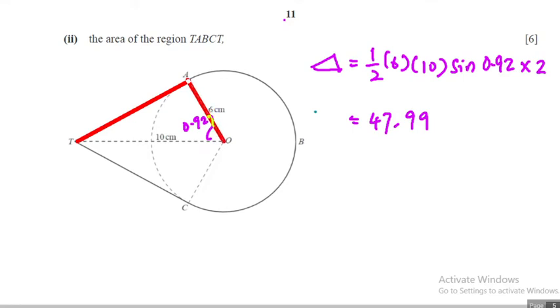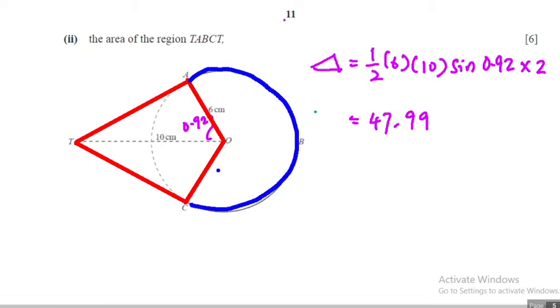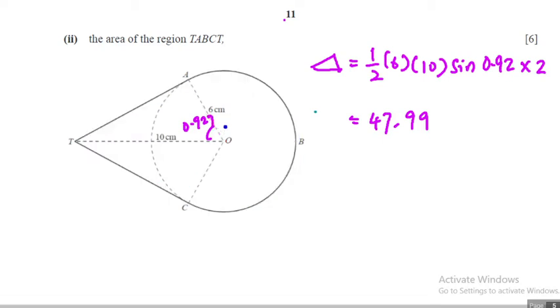I split it this way because the other side, if you can see this, is a sector, right? This is the angle, so this is actually a major sector. So let's find this major sector. But the problem is, what is the angle? Don't worry.